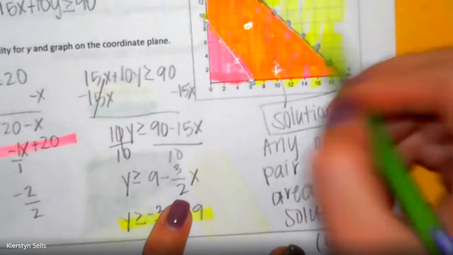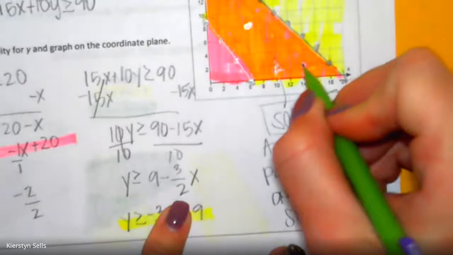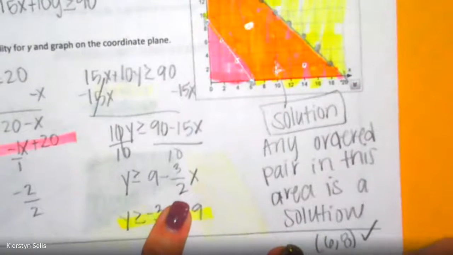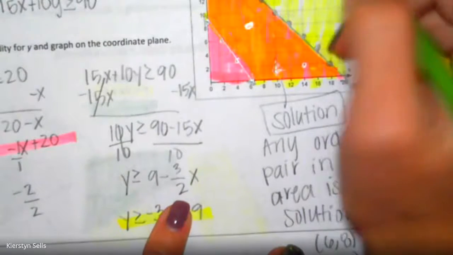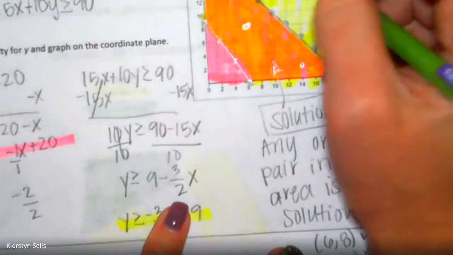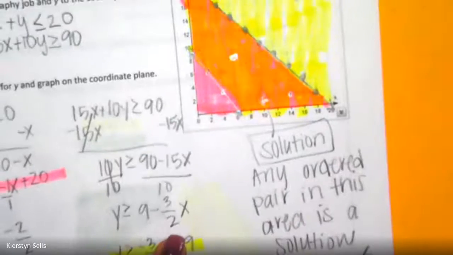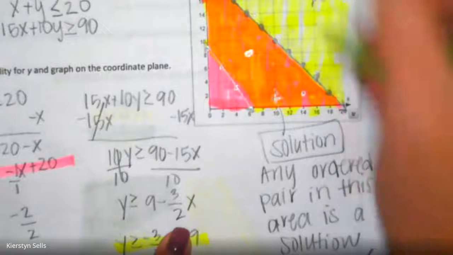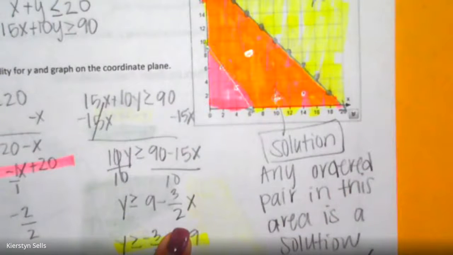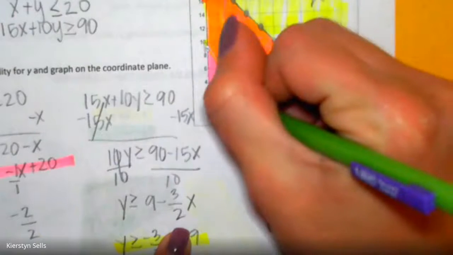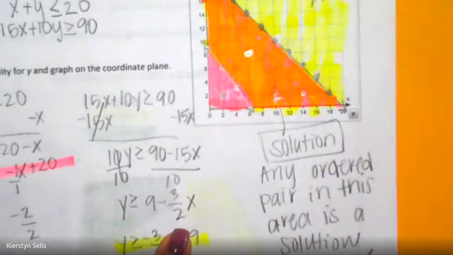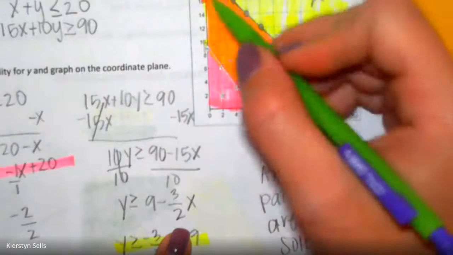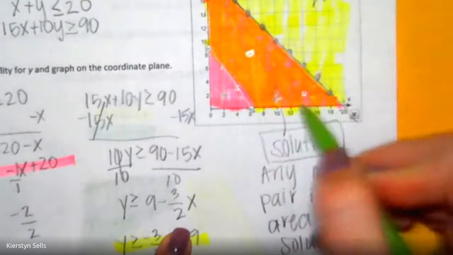You could tell me 14, 2. That is a solution. But if you tell me 16, 16, that's not in the shaded part, right? That's not in the overlapping part. So this is not a solution. If you told me 2, 2, that would also not be a solution. It has to be in here to be a solution.